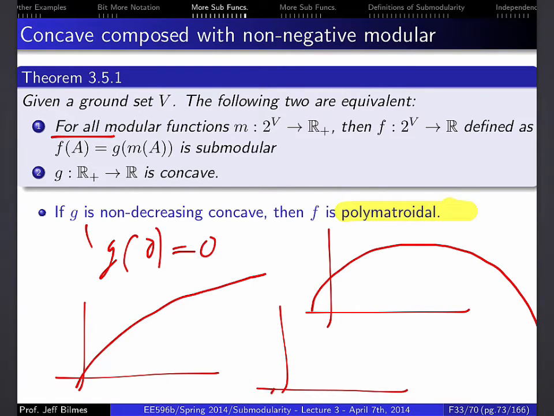This would be a non-decreasing concave function, but it's not an increasing concave function because it saturates. It truncates and stops increasing, but it's still not decreasing, so it's non-decreasing. The general way of saying it is a non-decreasing concave function.